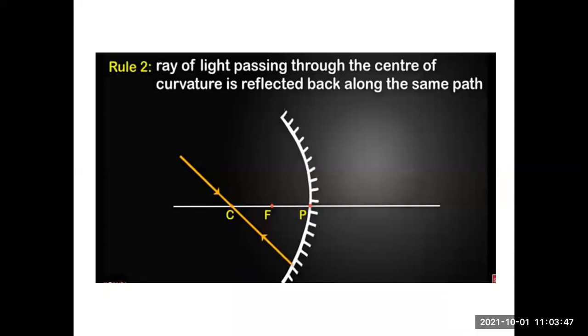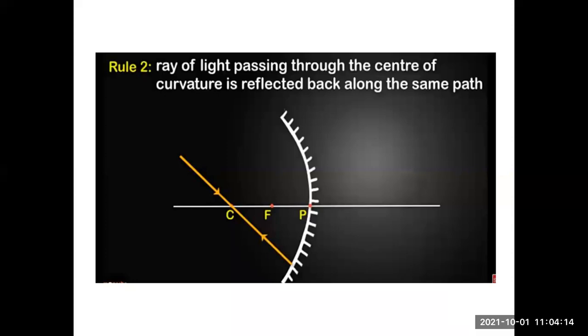So the incident ray goes straight to the spherical mirror, and the reflected ray also travels the same path. You can see only one line is there, with both arrows, one toward the spherical mirror and one going outwards.